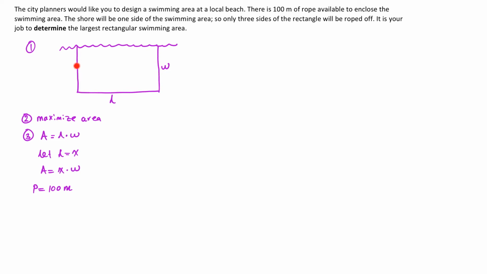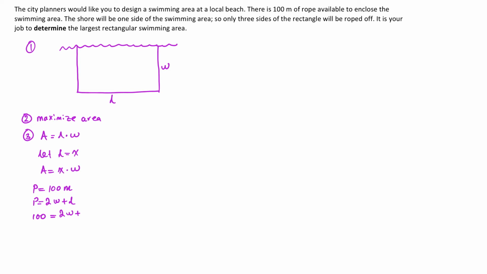So I have 1W plus 1L plus 1W. So I have 2Ws plus L. So the perimeter is equal to 2W plus L. We know that the perimeter, 100, is equal to 2W plus L, and we already said that L is X.